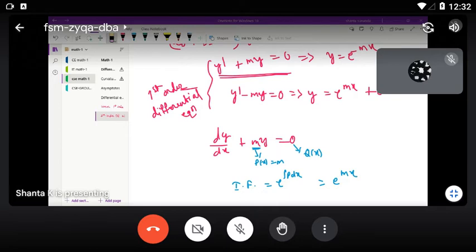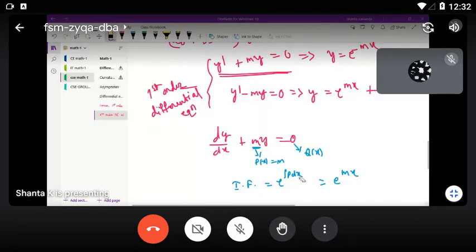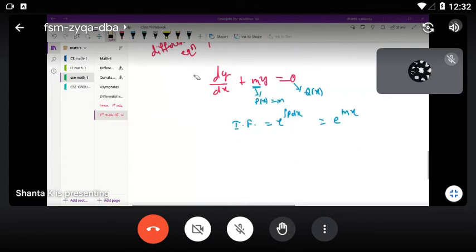Ma'am, in the integrating factor one, how do we integrate 0? That will be 0. Ma'am, then I don't know where to put c exactly. It's coming y into e to the power mx equals 0.